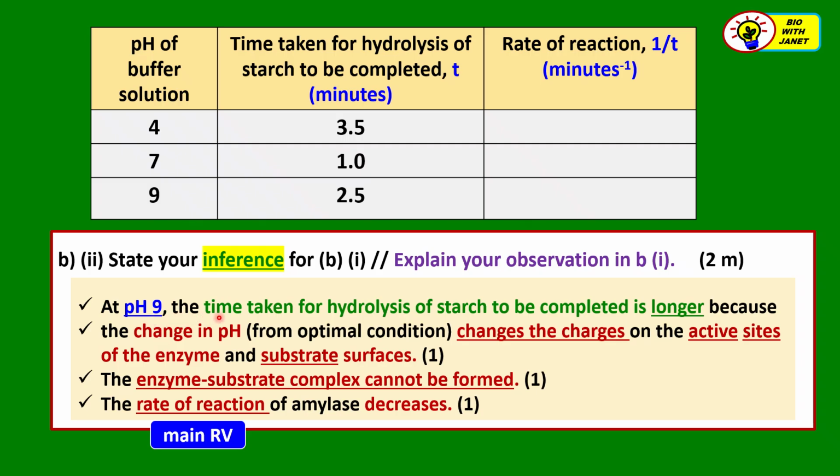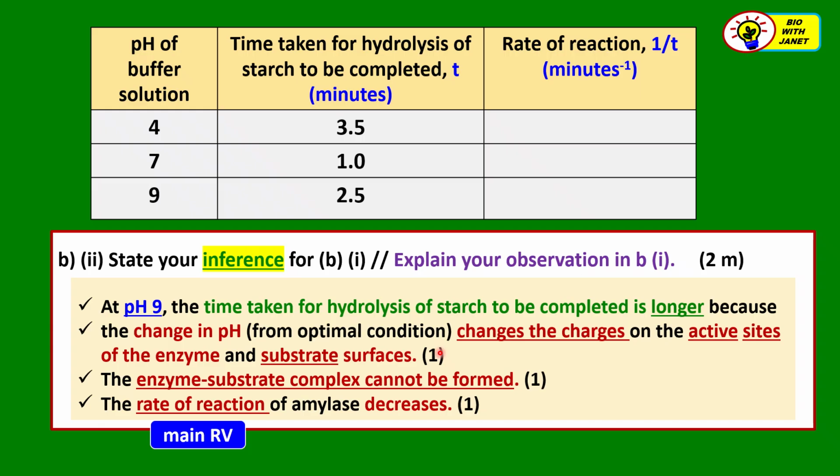Now at pH 9, the time taken for the hydrolysis of starch to be completed is longer compared to pH 7. Why? We have to give a biological reason first, because the change in pH from the optimal condition, which is pH 7, changes the charges on the active sites of the enzyme and substrate surfaces.